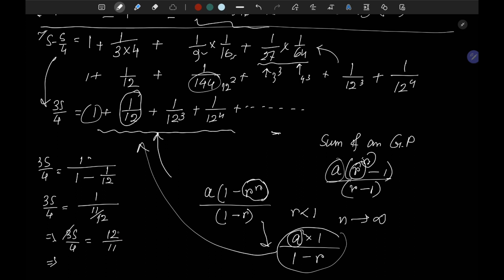If you simplify this, s equals 16 by 11. That is the answer to this problem. The answer is 16 by 11. This is the value of s and we had to find s.